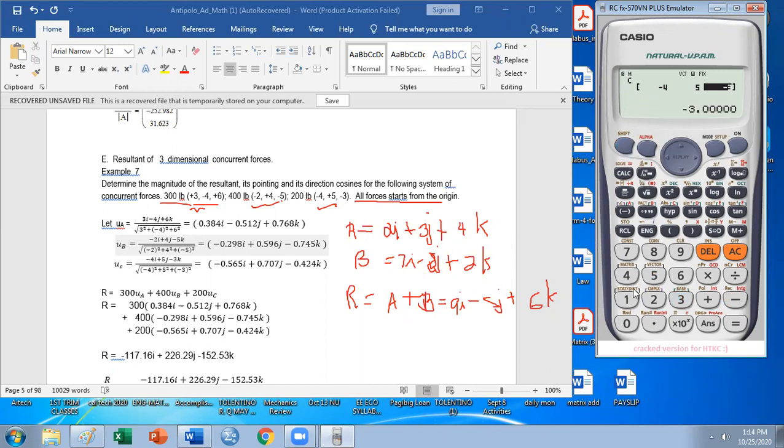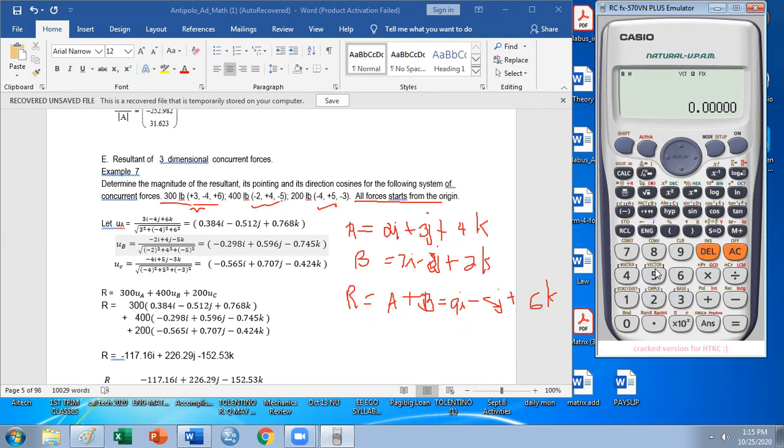So, tingnan mo kung ano yung laman. Shift 5, data mo. Vector A, 3, negative 4, 6. Shift 5, data number 2. Vector B, negative 2, 4, negative 5. And shift 5, 2, at saka vector C, that's negative 4, 5, and negative 3. That's the time pwede mo nang makuha to.